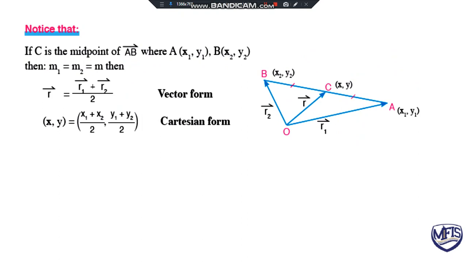This is the vector form, and the Cartesian form will be the ordered pair X1 plus X2 over 2, and Y1 plus Y2 over 2. This is the Cartesian form, as we said before, for Prep 3.